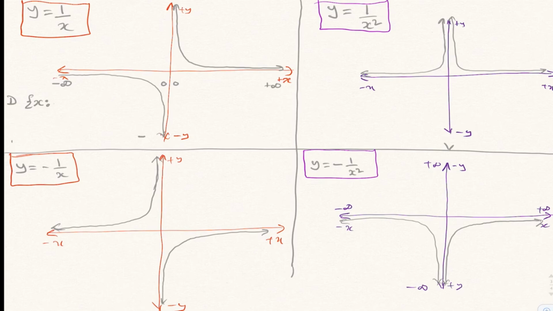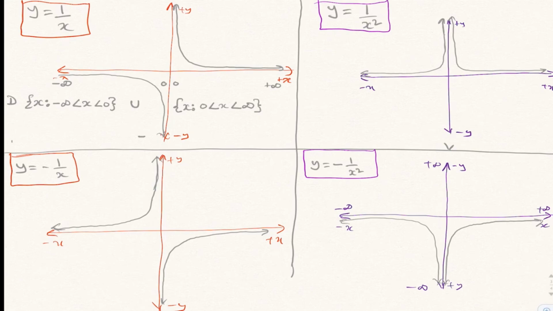So my description will be minus infinity is less than x, is less than 0. Close the curly bracket. Union means or. Open the curly bracket. I'm describing x again, going from 0 less than x, less than positive infinity.